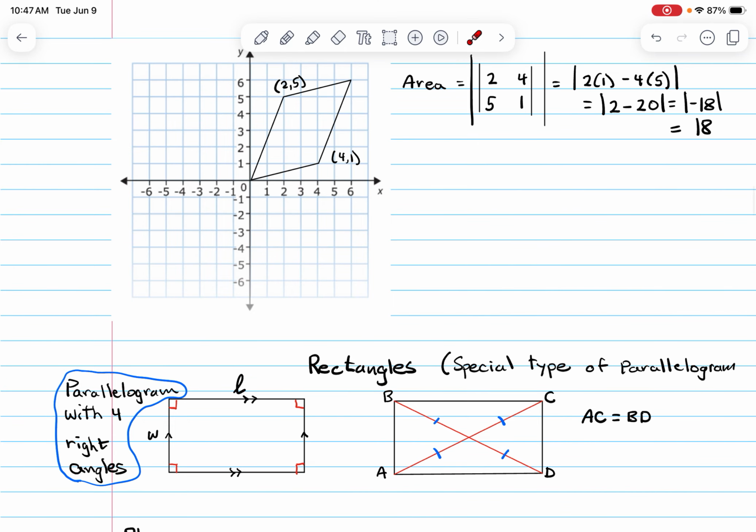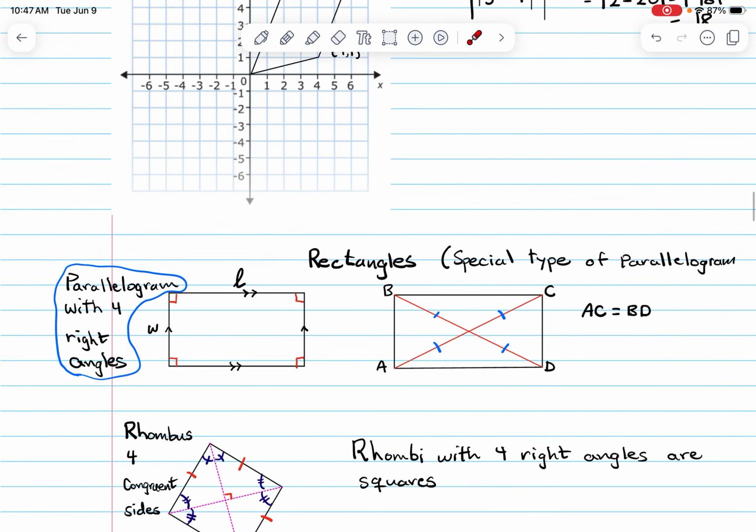So, okay, moving right along. Now we'll look at rectangles. A rectangle is a special type of parallelogram. And what makes it special is it's got 4 right angles. So it's a parallelogram with 4 right angles. Now, when you have a rectangle and you look again at the diagonals, the diagonals of a rectangle are congruent.